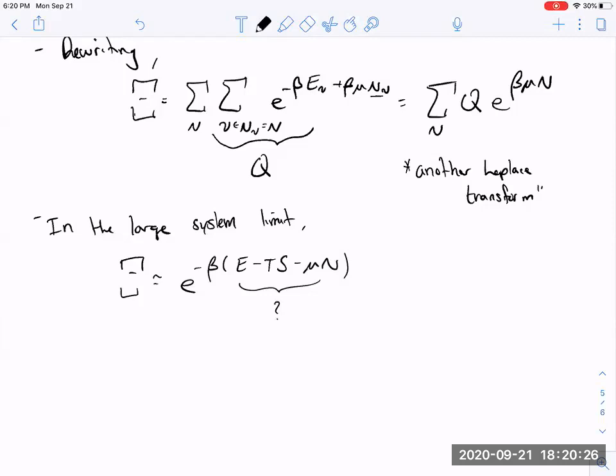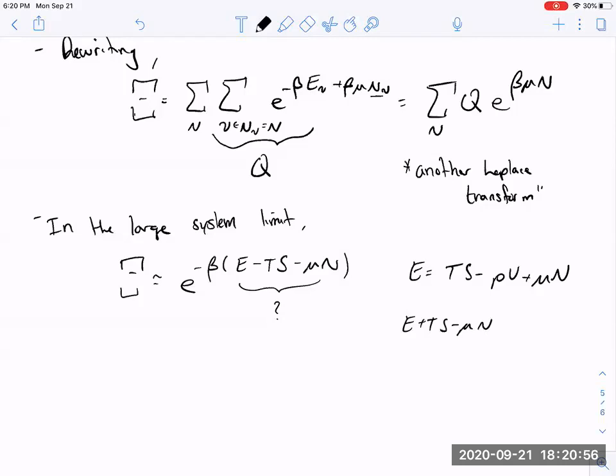Well, I will assert that the energy can be written as Ts minus PV plus mu N, namely what looks like the differential form of the energy, though integrated. If that is true, rearranging, we have E plus Ts minus mu N.